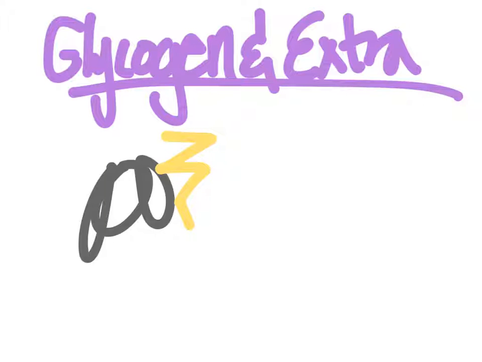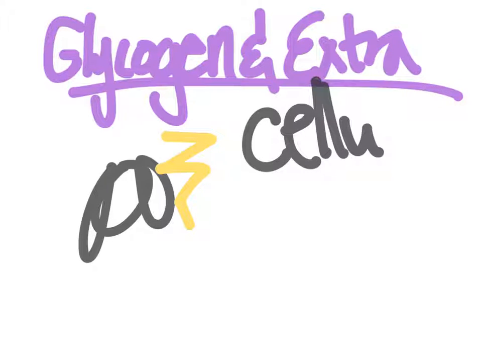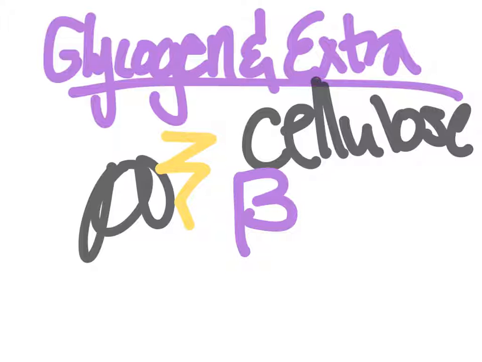And what helps plants is something called cellulose. Plants use chains of glucose molecules to form the cellulose, and it helps with the plant walls.